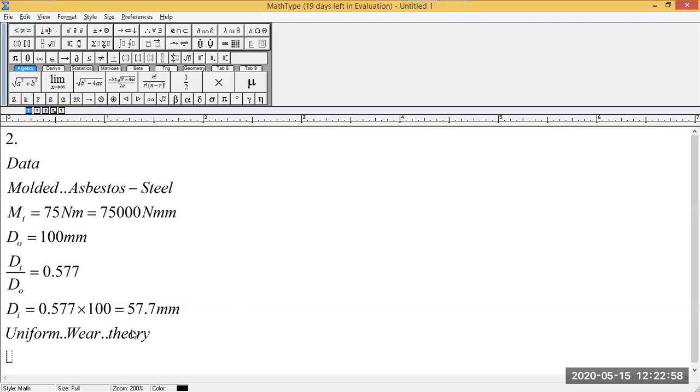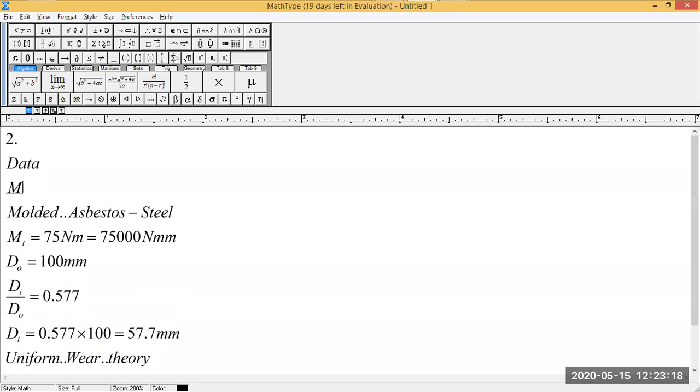Di and D naught are already known. The only thing we need to find is the mean diameter. Most of the dimensions we have found out, so the only things to find are two. One more thing we need to note is that this is a multiplate clutch.